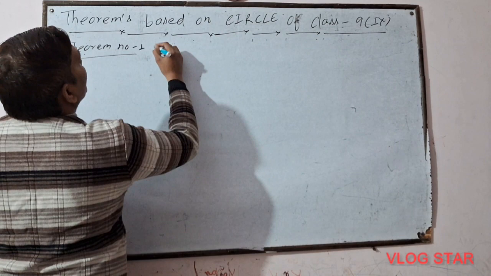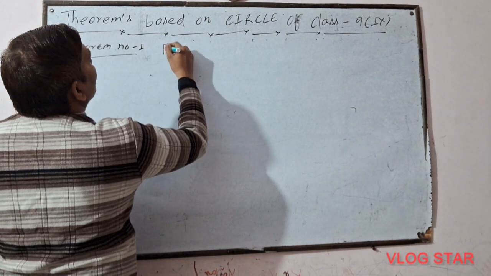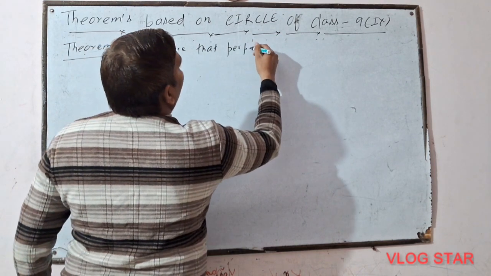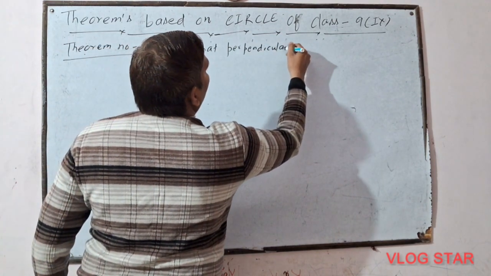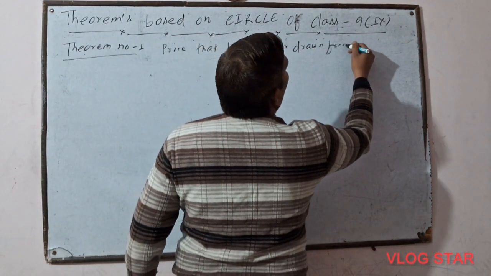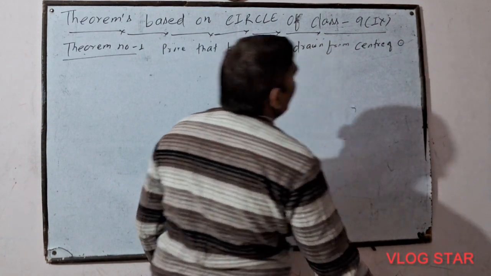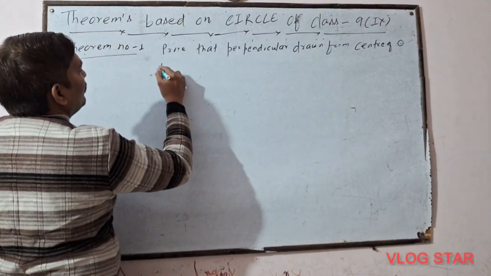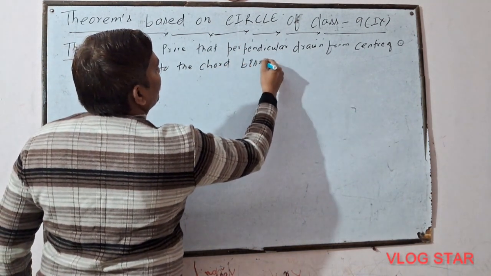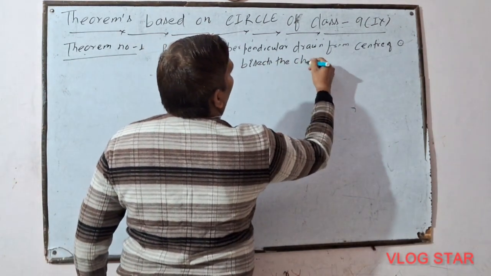Prove that perpendicular drawn from center of circle to the chord bisects the chord.